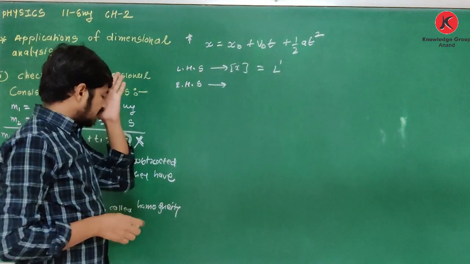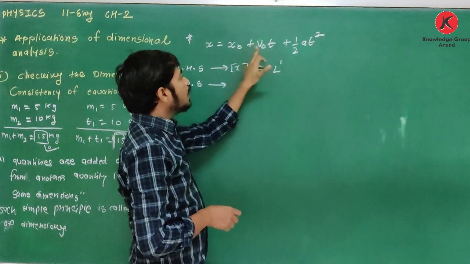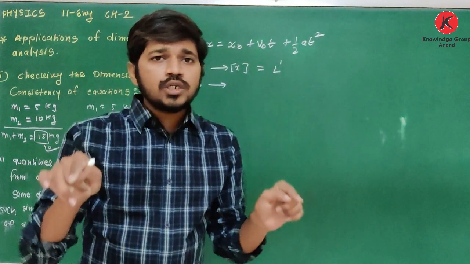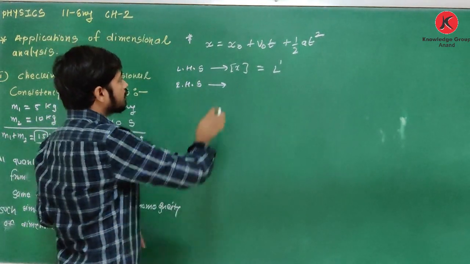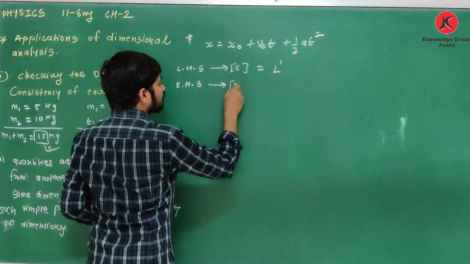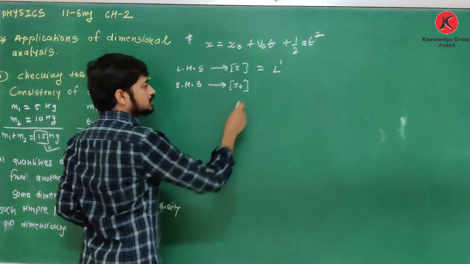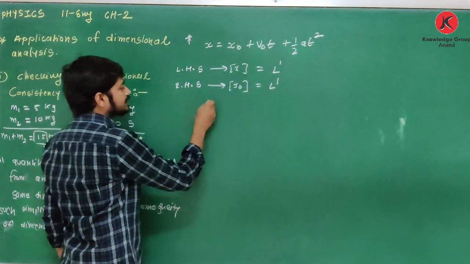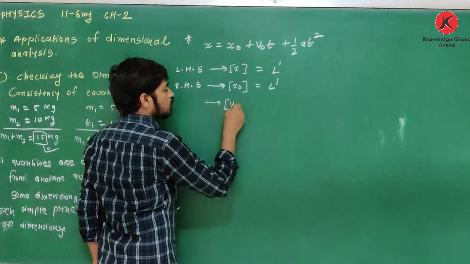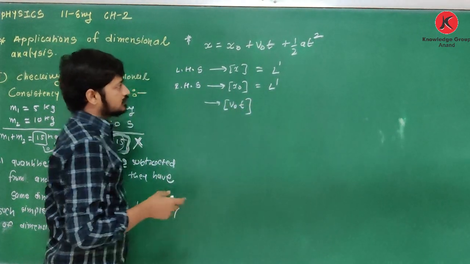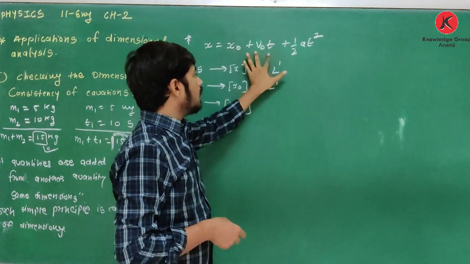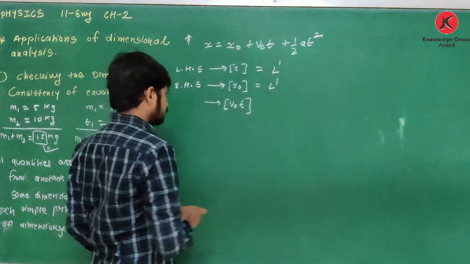See, on the right hand side we have a total of three terms: x0, v0t and half at square. I am talking about the whole term. First, x0 means initial position, so its dimensional formula is again L1. Another whole term is v0t, so you have to consider this v0t as a whole term.